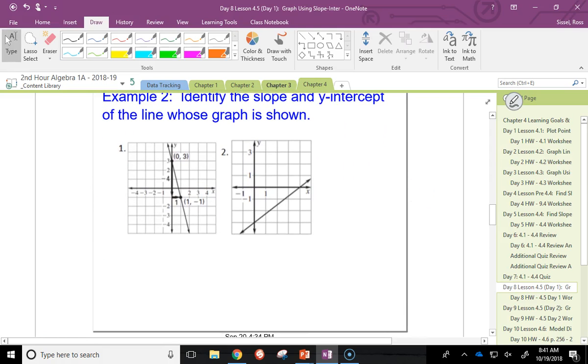Now, what if we have a graph? Okay, now I don't have it in y equals mx plus b, even though I'm going to continually write that down so I get that in my head. That is slope form. Identify the slope. So it's asking me, number one, what is my slope? What is my y-intercept?